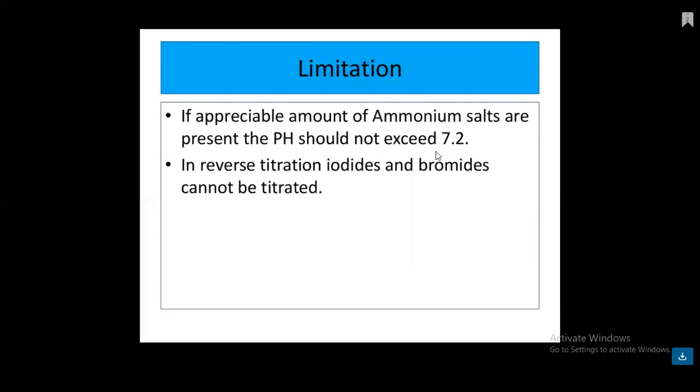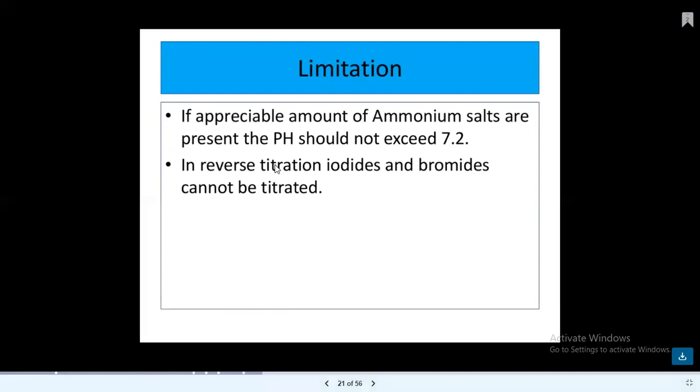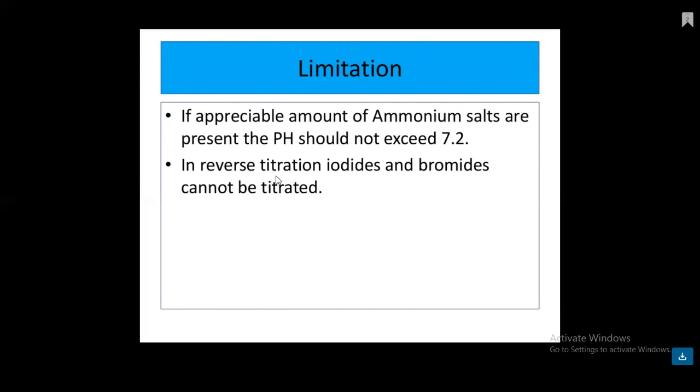In reverse titration, iodides and bromides cannot be titrated. What does reverse titration mean? Reverse titration means that basically here the precipitating agent is present in the burette and is added into the chloride solution or the halide solution, that is the direct titration.